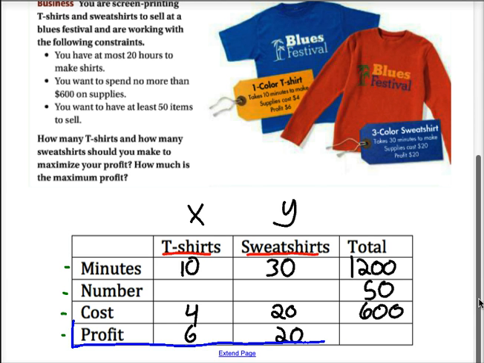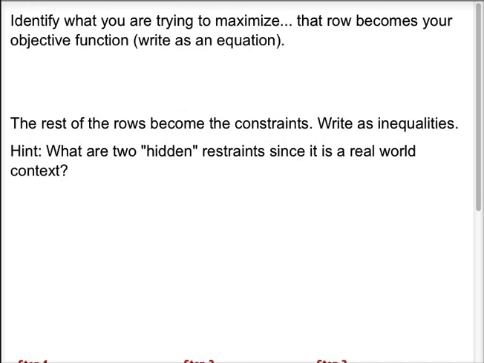So I'm going to take this right here. That becomes my objective function. So what I end up with is 6 x's and 20 y's. That's why I put the x and y on top.